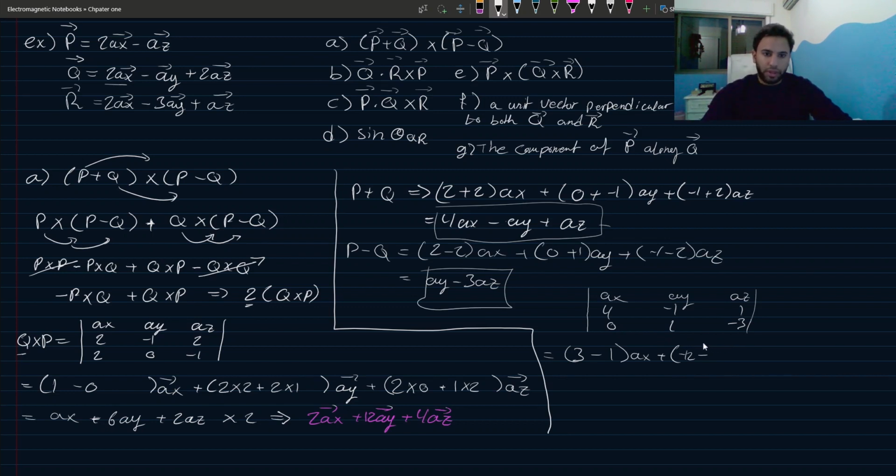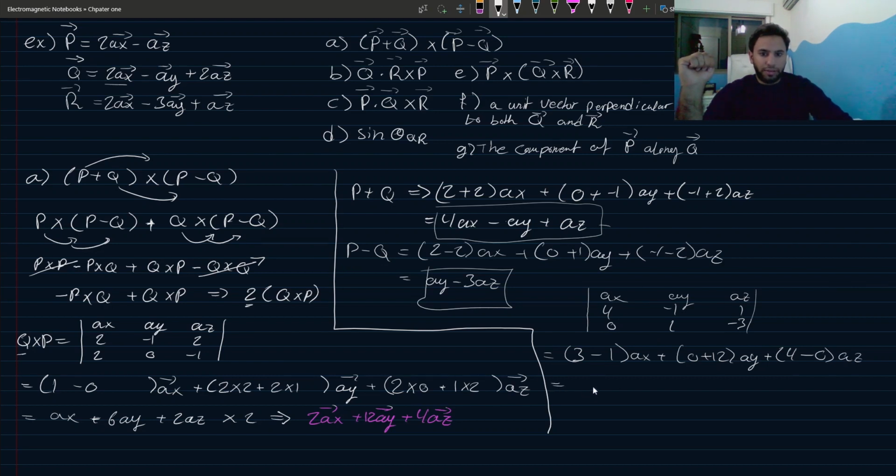0. Oh, I did the opposite. I made a mistake. It is 1 multiplied by 0, 0 minus plus 12 ay plus az, we have 4 multiplied by 1, that is 4 minus 1 multiplied by 0, 0 az.